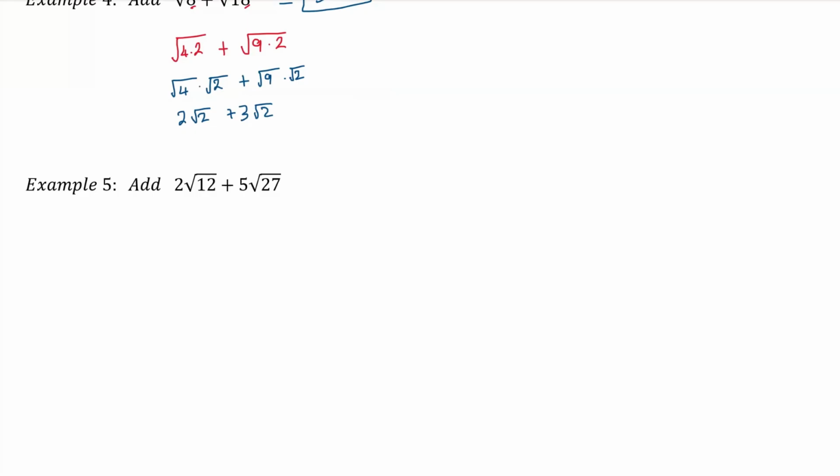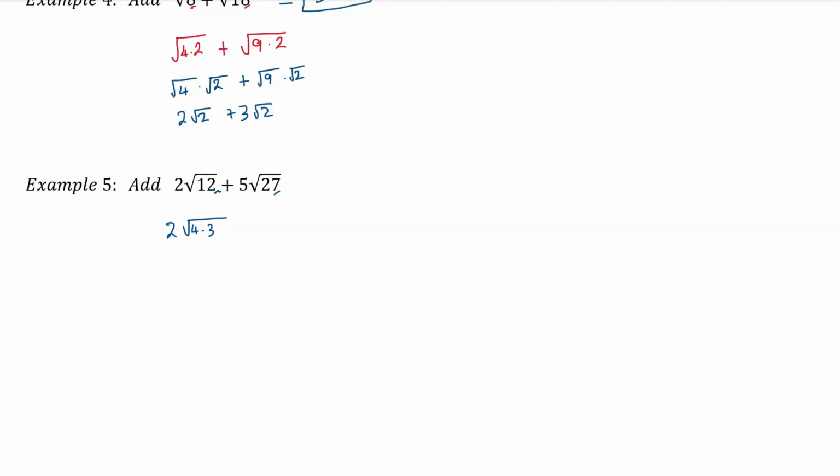You cannot add right now because 12 and 27 are not the same. So what you need to do is simplify. You have to figure out what perfect square times another number gives you 12. So 12 is the same as what? 4 times 3. Of course, you can say 6 times 2, but 6 is not a perfect square, so that's why we're not using 6 and 2.